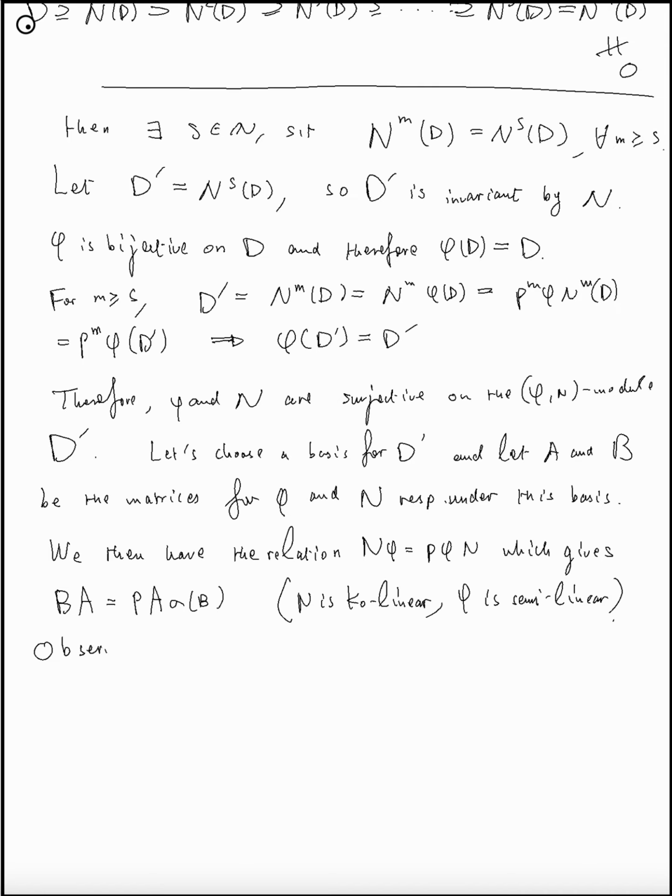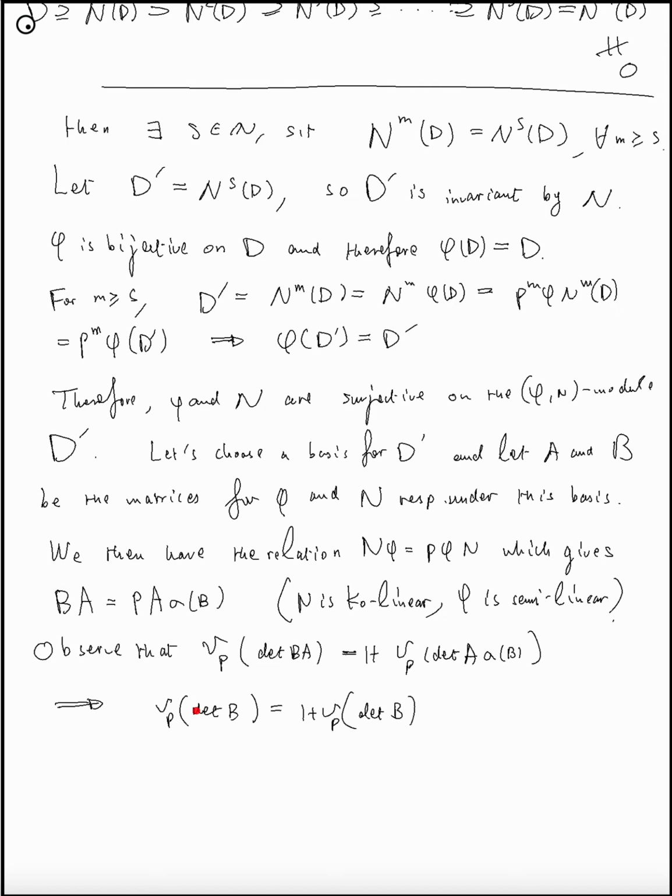And then observe that if you take the p-adic valuation, the valuation of determinant of BA equals 1 plus the p-adic valuation of determinant of A sigma B. And this implies the p-adic valuation of determinant of B equals 1 plus the p-adic valuation of determinant of sigma B. But sigma B is again B by a similar argument as the exercise we have done before, so the contradiction finishes the proof.